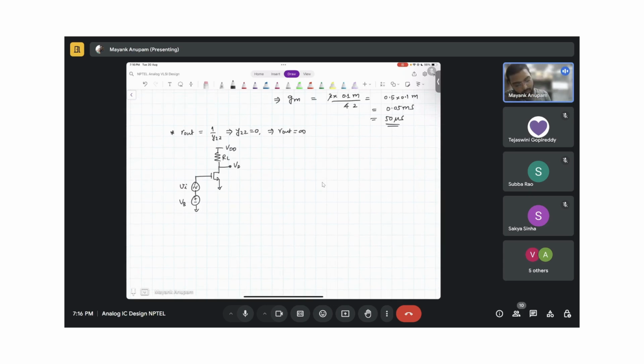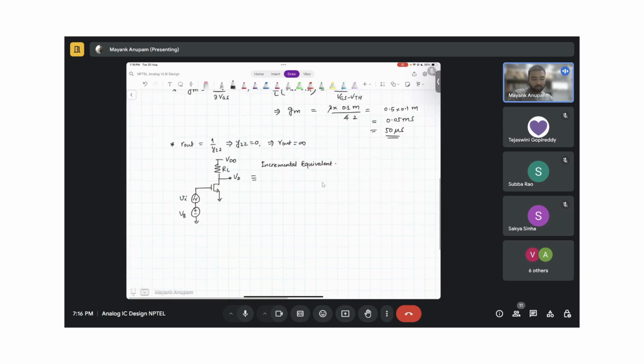So what is the small signal equivalent of this? Or rather incremental equivalent? What is the incremental equivalent of this?